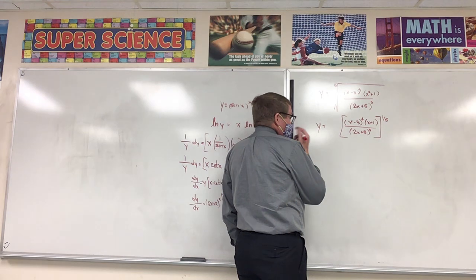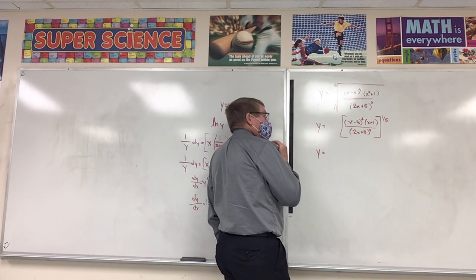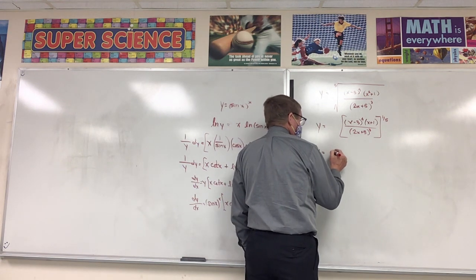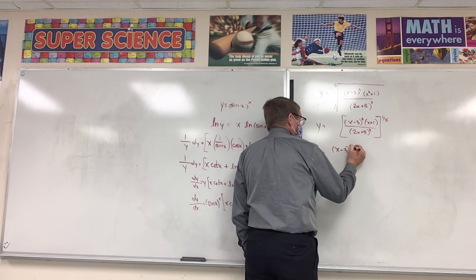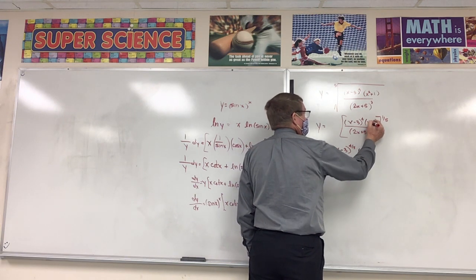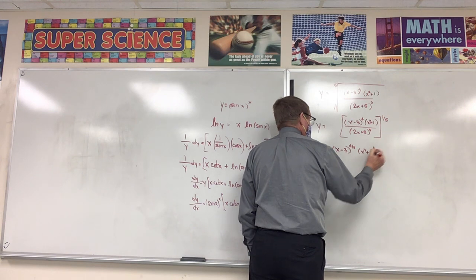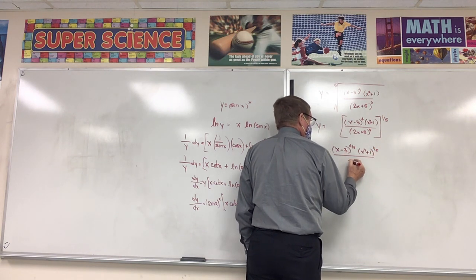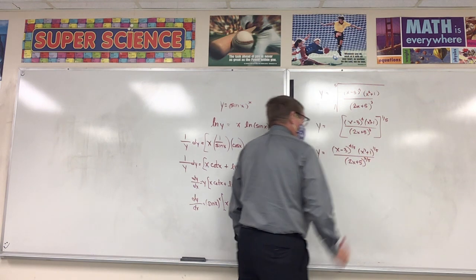And then I'm going to apply that 1/5 to all the exponents. This is going to be x minus 3 to the 4/5, times x squared plus 1 to the 1/5, all over 2x plus 5 to the 3/5.